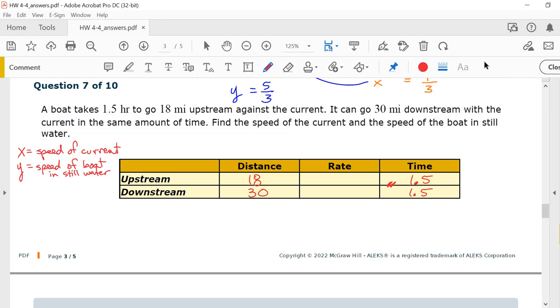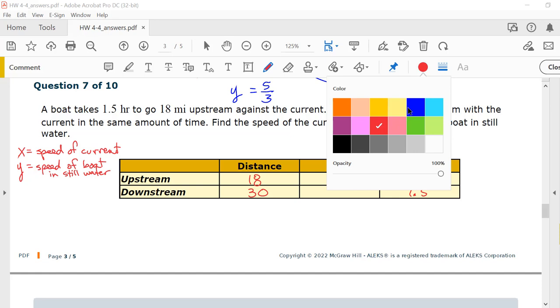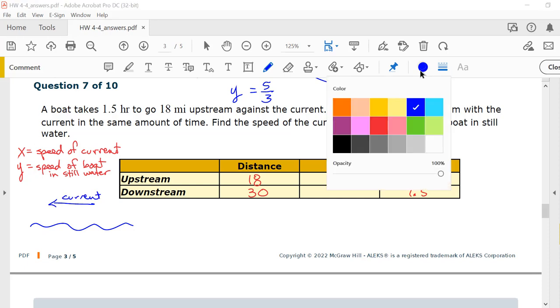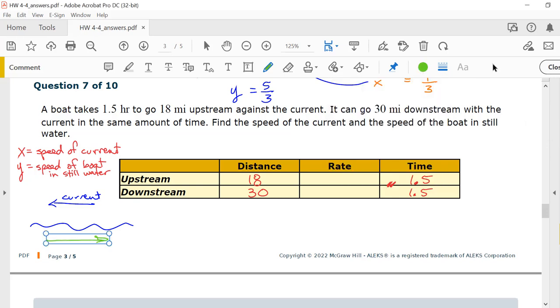Okay, when I'm going upstream, so here's the water, the current is flowing this way. So if I'm going upstream this way, I'm going to do the speed of the boat minus the current. So that rate is going to be y minus x. If I'm going downstream with the current, my rate is going to be y plus x.